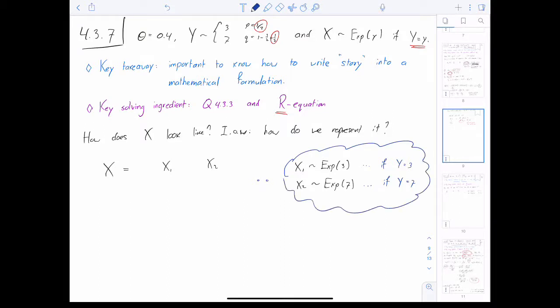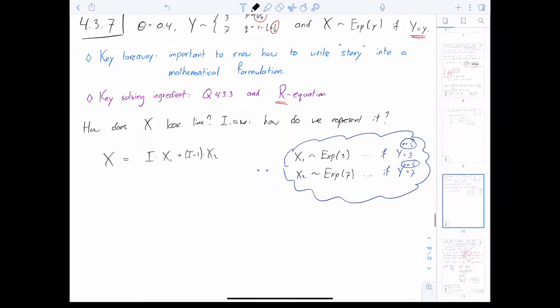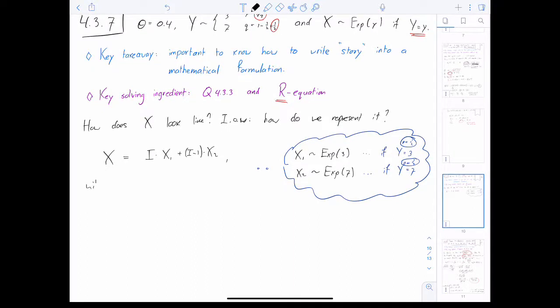So we can actually represent this with a Bernoulli random variable, as we have seen before in the book. So we say I is Bernoulli with parameter 1/2.